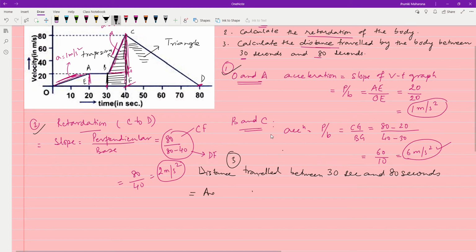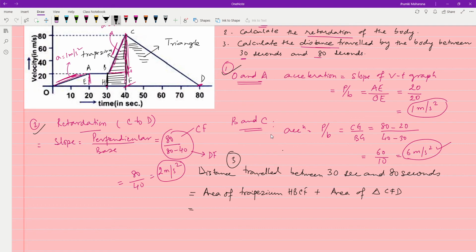Area of trapezium. Let us say this is H. Area of trapezium HBCF plus area of triangle CFD.